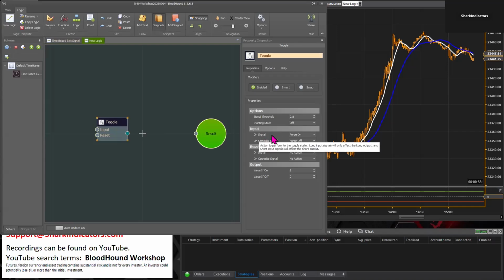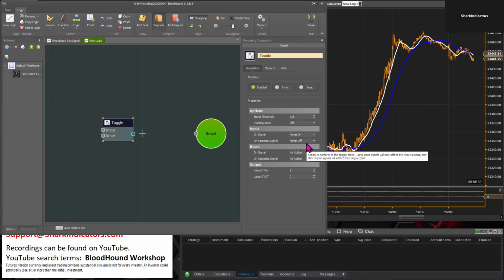You have on signal. Does the input turn the toggle node on, and does the opposite signal turn it off? So if a long signal comes in, it turns the long side of the toggle node on, and if a short signal comes in, it turns the long side off. I'll give you a physical example in a moment.